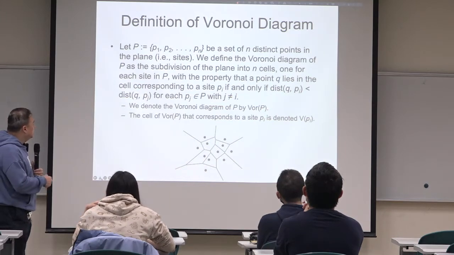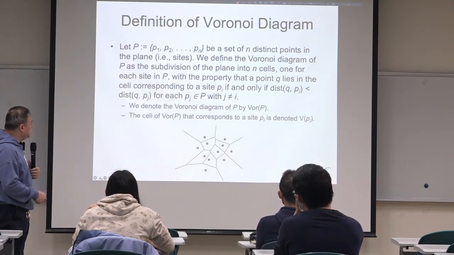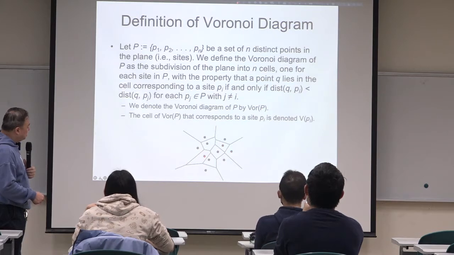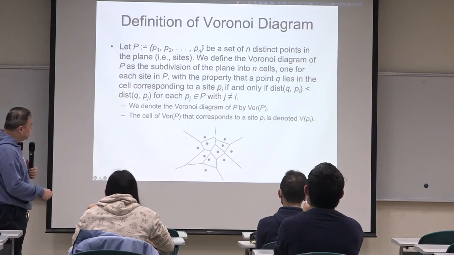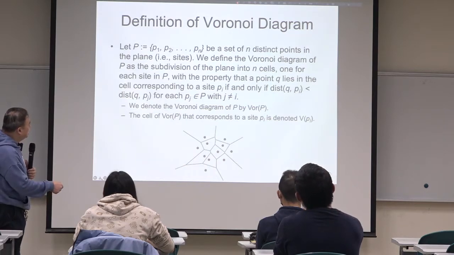So one example will be something like this figure. You can see the sites are represented by black dots. Because of these black dots, we can divide the 2D plane into this many cells, and each cell basically has such a property.